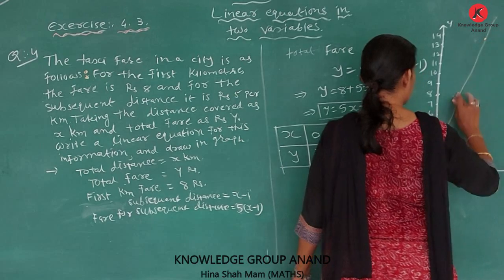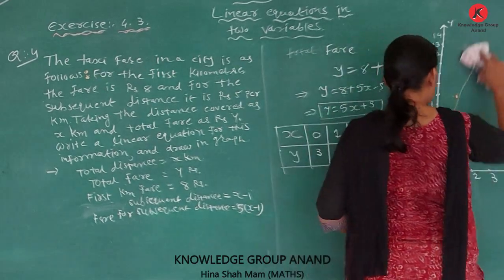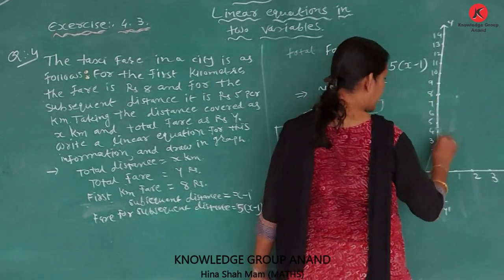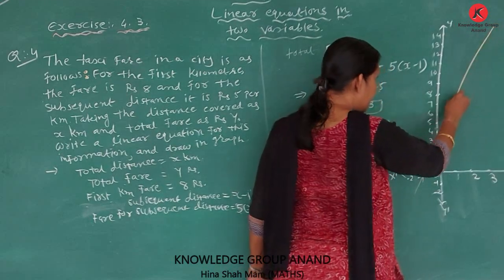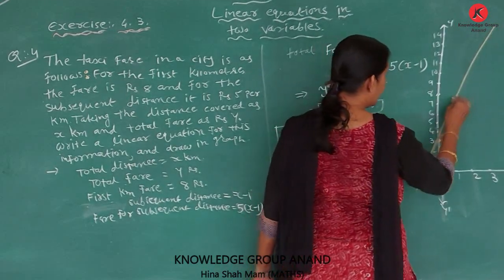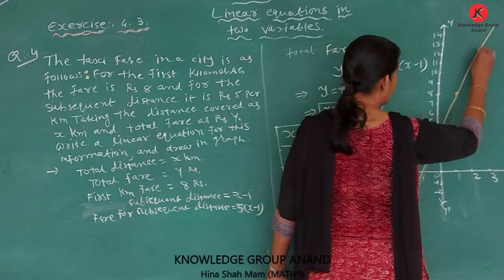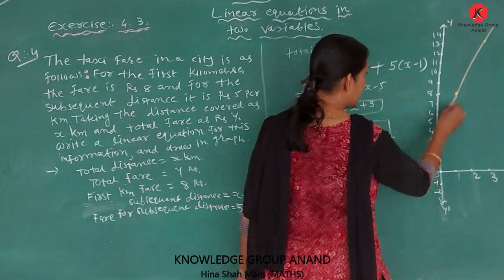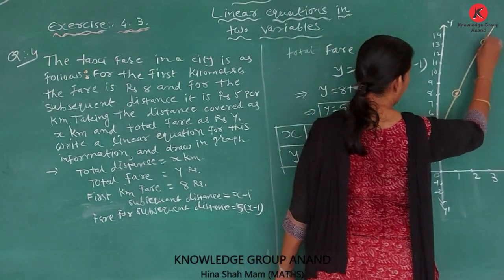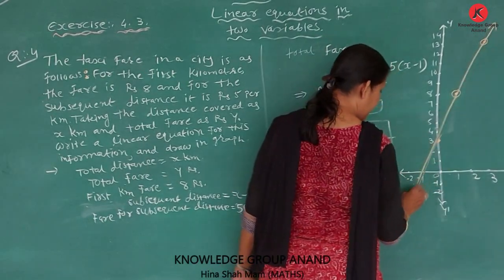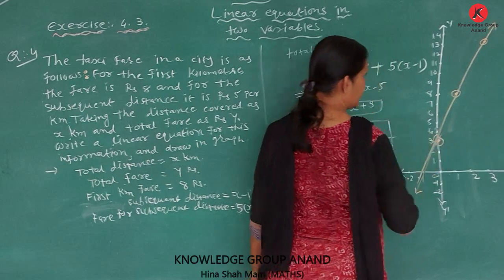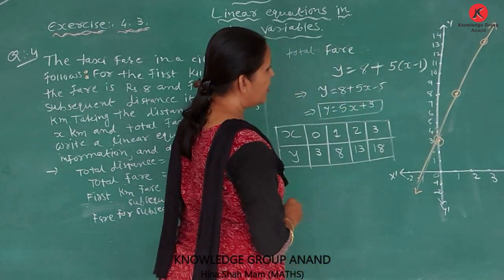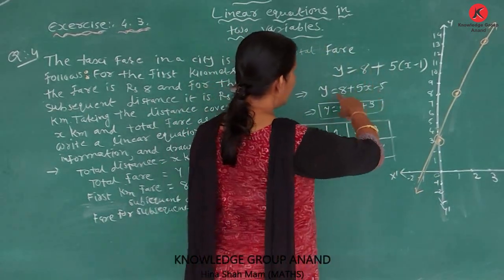Suppose 2, 13 is here, and draw a straight line from this point 0, 3. This is our straight line through 1, 8, 2, 13, 3, 18. This is our point. Okay, which is our equation?